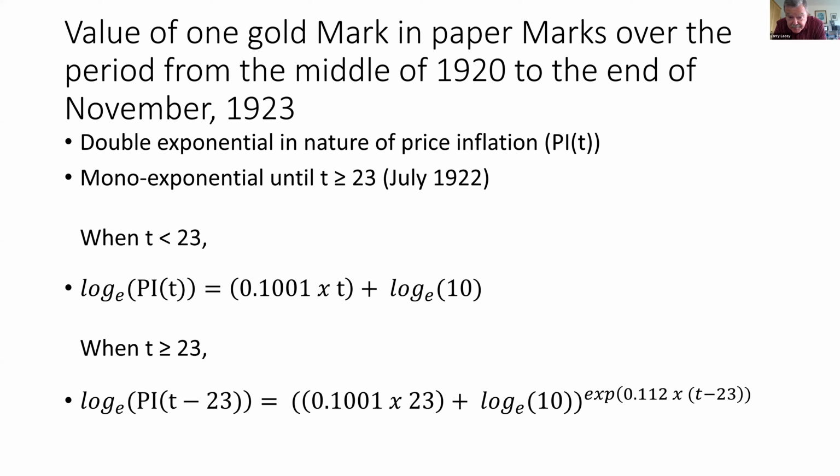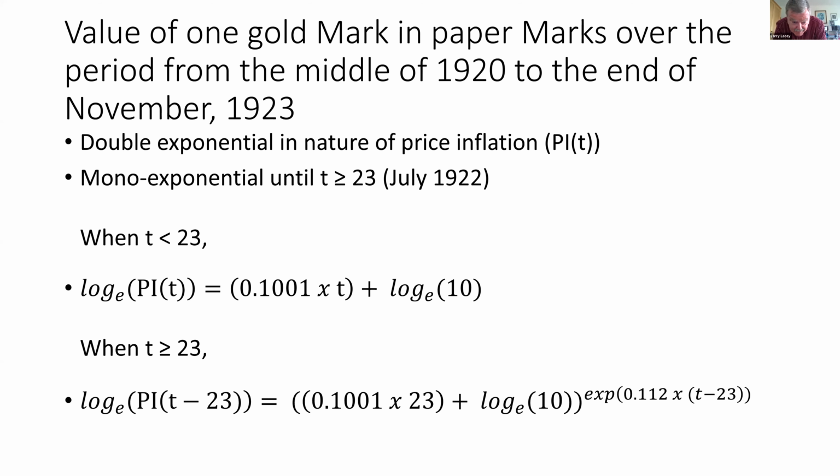Approximately, the inflation rate per month was about 10%. It's high, but it's probably manageable. 10% per year is high, but 10% per month is very high. But it's probably still manageable, okay?